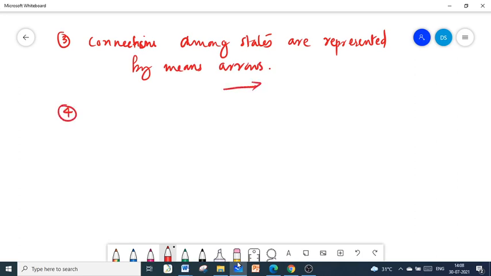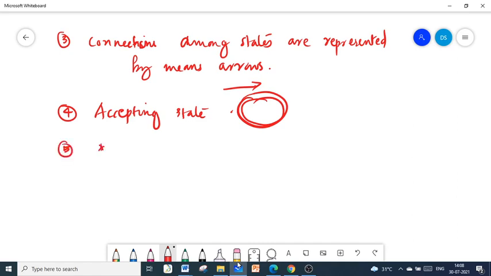And next component is accepting state. Accepting state is denoted by double circle. So this is actually used to indicate whether the given string is accepted or not. And one more character we are using, star character. It is used for the input retraction.